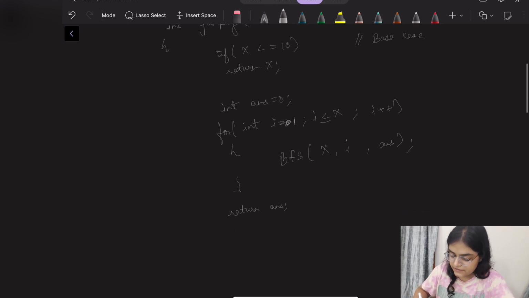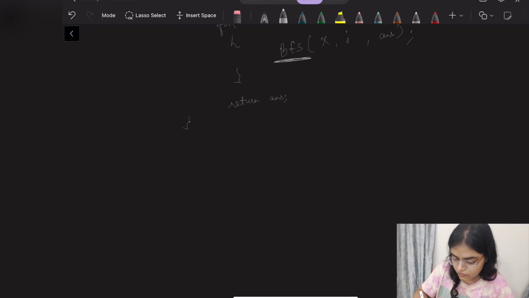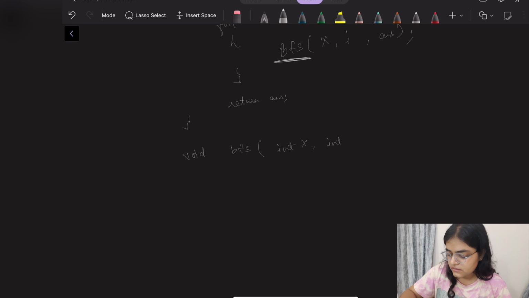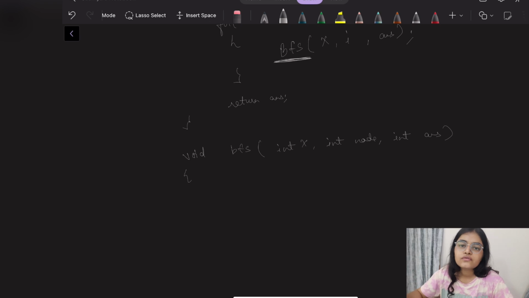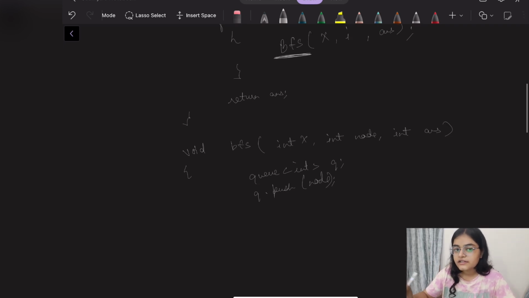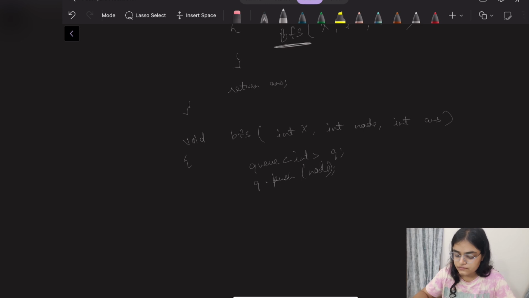Now we have to write this BFS function, void BFS, int x, int node, comma int answer. Whenever we do breadth first search, we use a queue data structure. So let's use a queue here also. Let's store the node, because a single digit is also a jumping number, so we have to include that in the tree too.